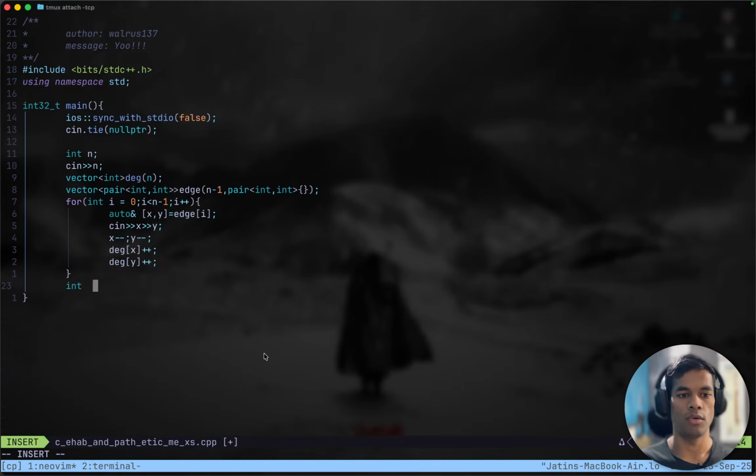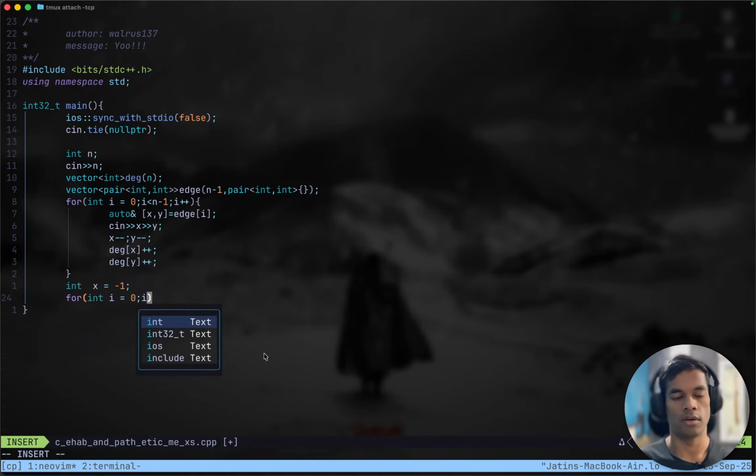Now we will look for some node x whose degree is higher than 2. We could use the find function, but that would be too much overhead.